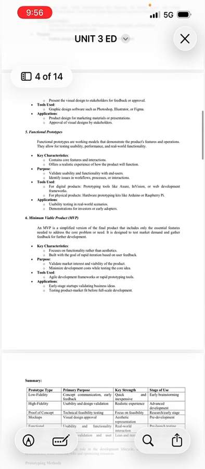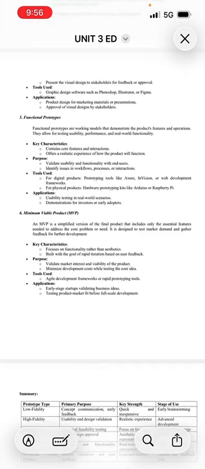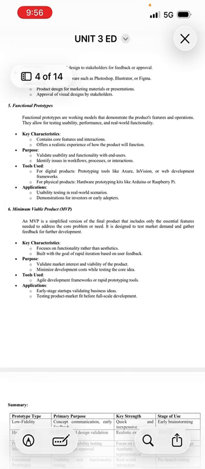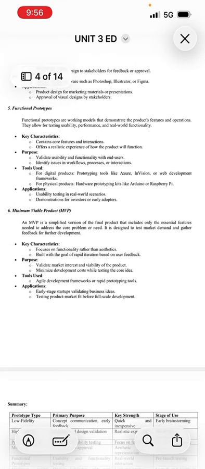And last is the minimum viable product. A minimum viable product is a simplified version of a final product that includes only the essential features needed to address the core problem. It is designed to test market demand and gather feedback for further development.